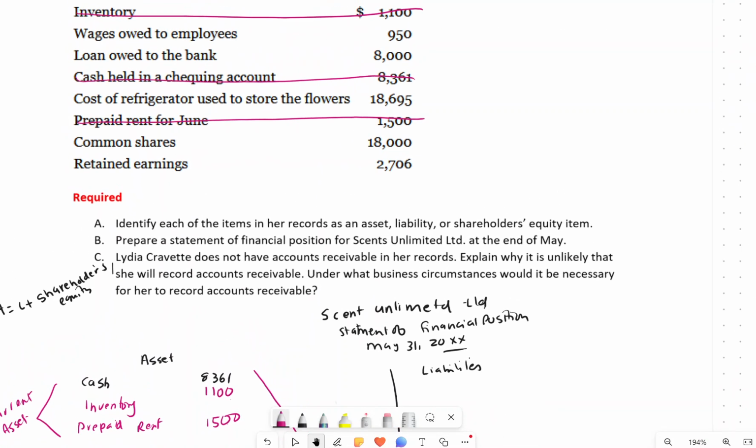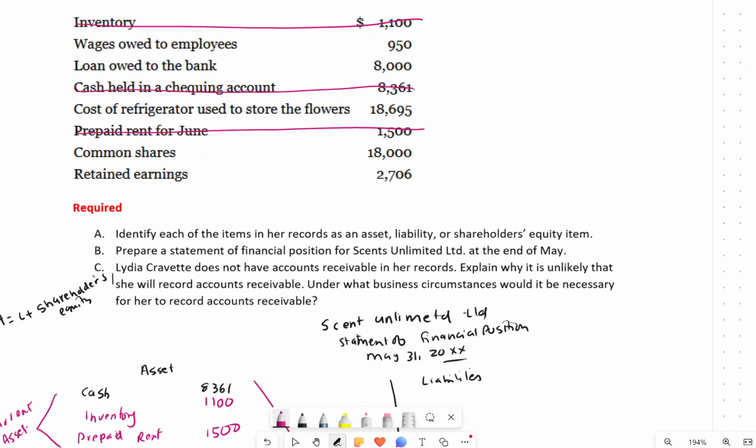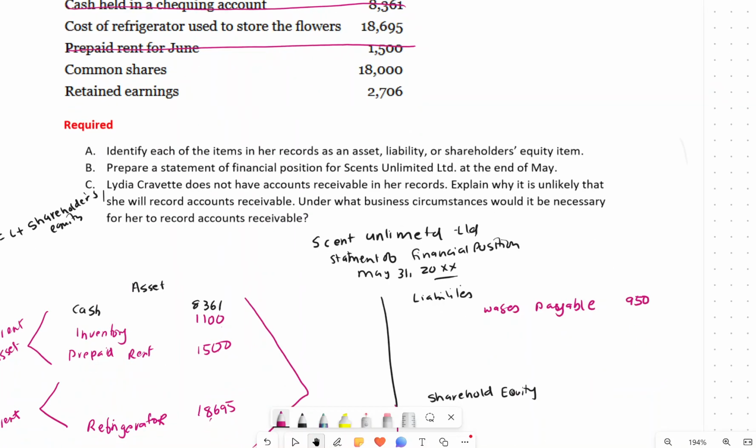Under liabilities, we have two types of liability. One is current, the other is non-current. My first one is wages payable, which is 950. Then we have a long-term liability, which is a loan payable to the bank.